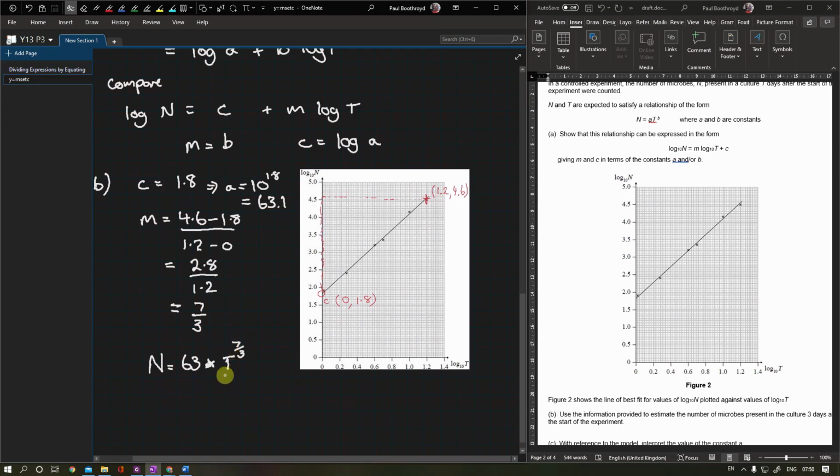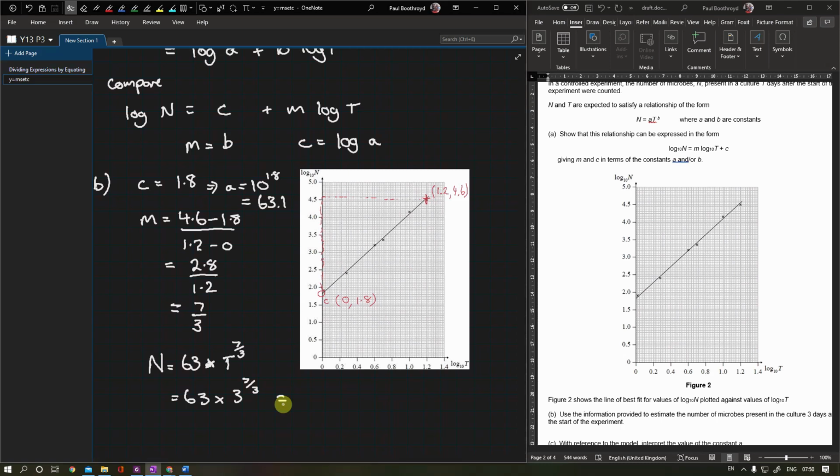Put the value in when t equals 3. 7 over 3. Multiplied by 3 to the power 7 divided by 3 is 818.